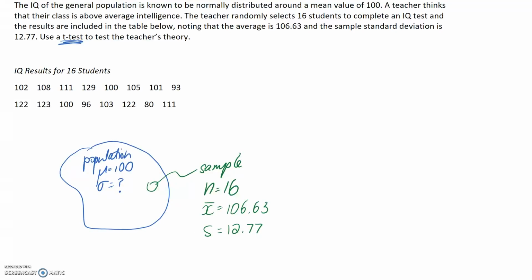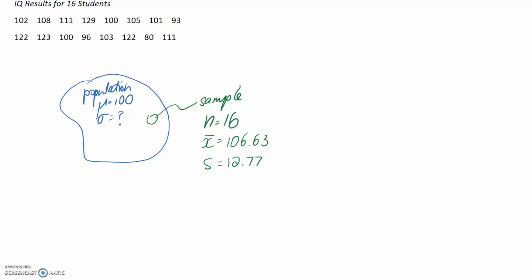So, in order to go through this process, I guess the first thing that we're going to do is write out our hypotheses. So we have a null hypothesis and an alternate hypothesis. All right, so the null hypothesis, which we give the symbol H0, is the hypothesis of no change or maintaining the status quo. It's the boring one. So our status quo would be that the sample of students has the same IQ as the population.